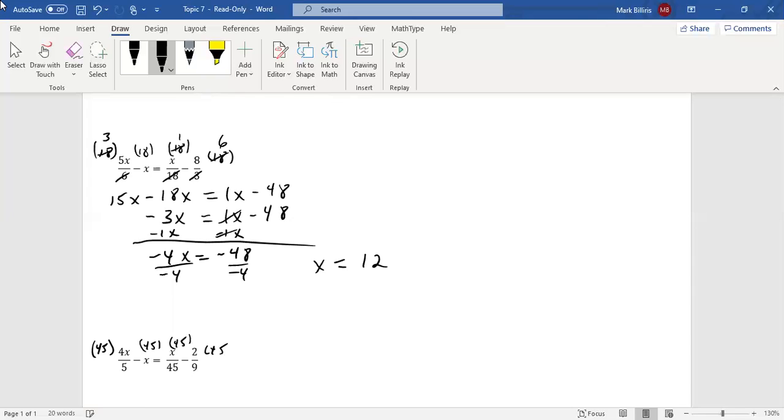And next I'm going to reduce and multiply. For the first term, 5 divides into 45 9 times, and 9 times 4x is 36x. Nothing to reduce, so I multiply negative 45 times x, which gives me negative 45x.